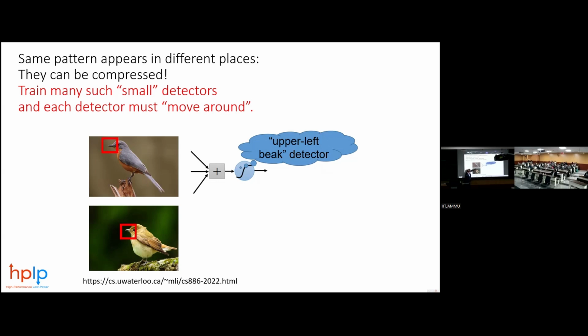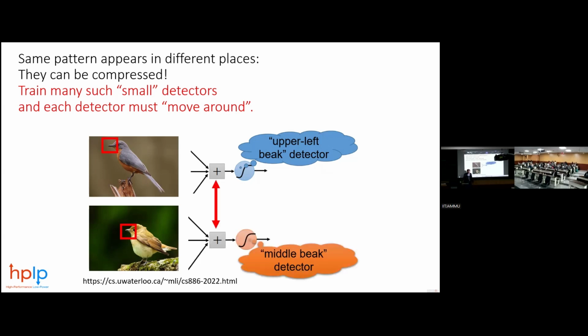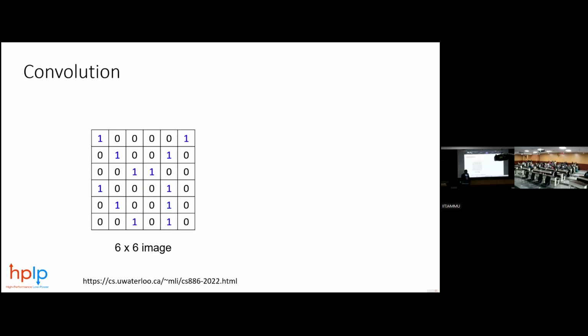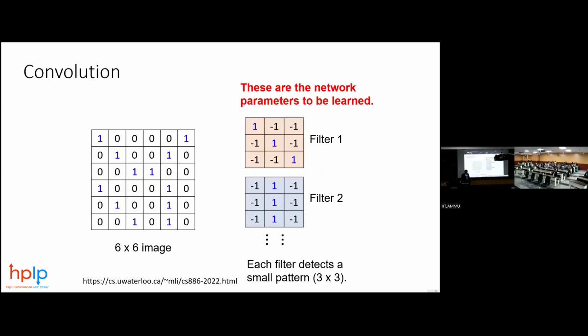By having a kernel for a beak, I can detect it wherever it is. If it was fully connected, it would be much less efficient. If you want an upper beak, a left beak, and a middle beak detector, you can use the same kernel. So these are the filters.